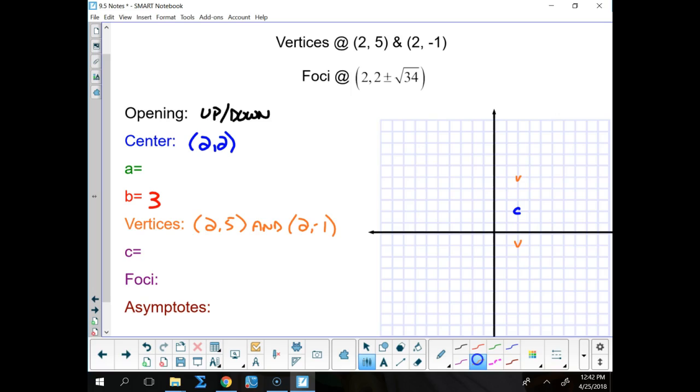Okay. Foci. What gets told to me from the foci? C is what? Square root of 34.